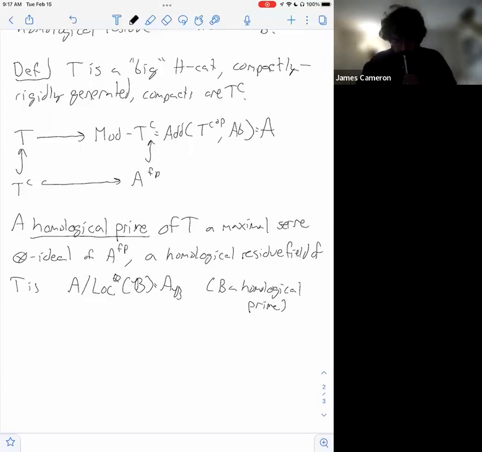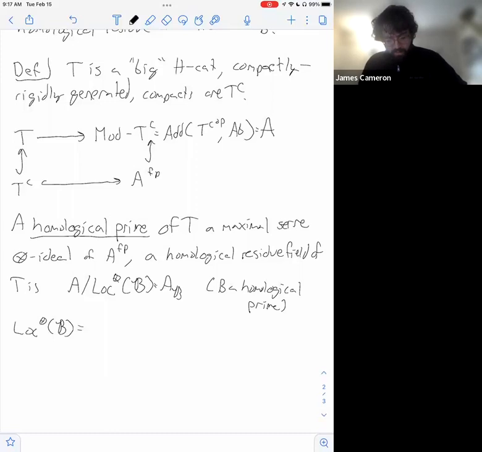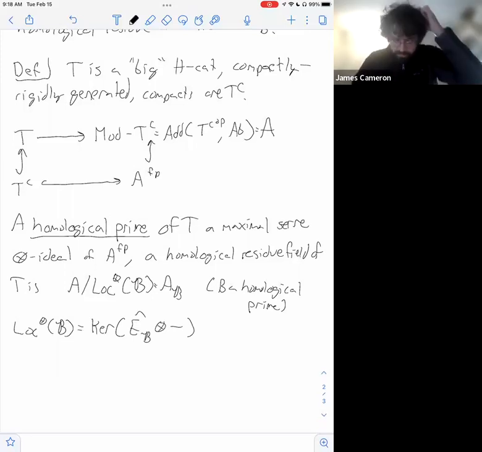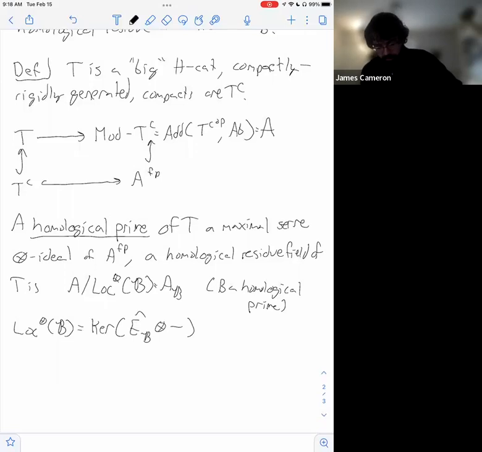Okay. So one thing that Balmer, Krause, and Stevenson proved, connecting this back to the triangulated category you started with, is that this tensor localizing ideal B is equal to the kernel of tensoring with the representable of some object in T. So this E_B is in T, and this is my notation for the image of it under the Yoneda embedding.